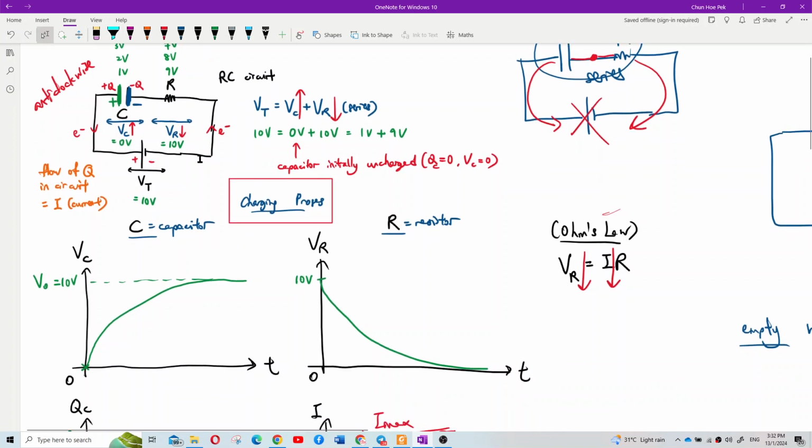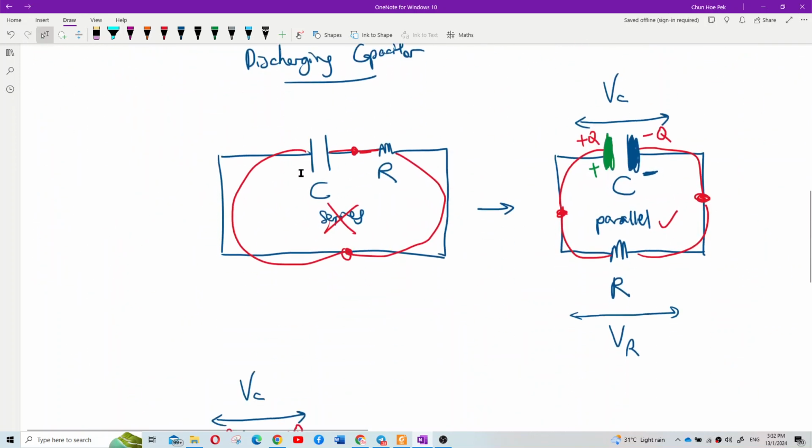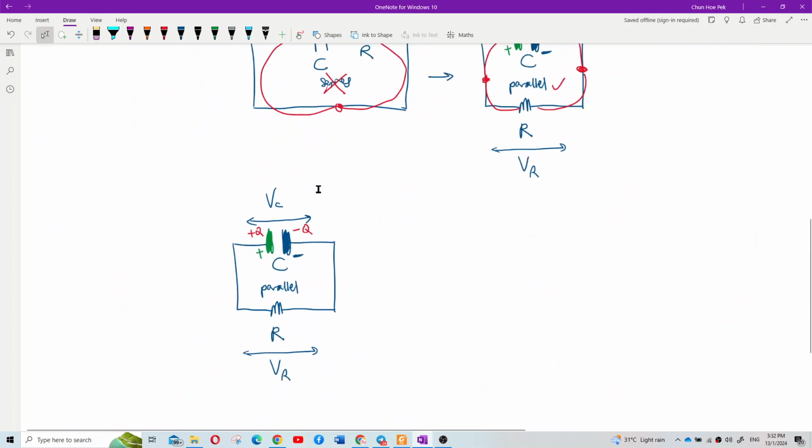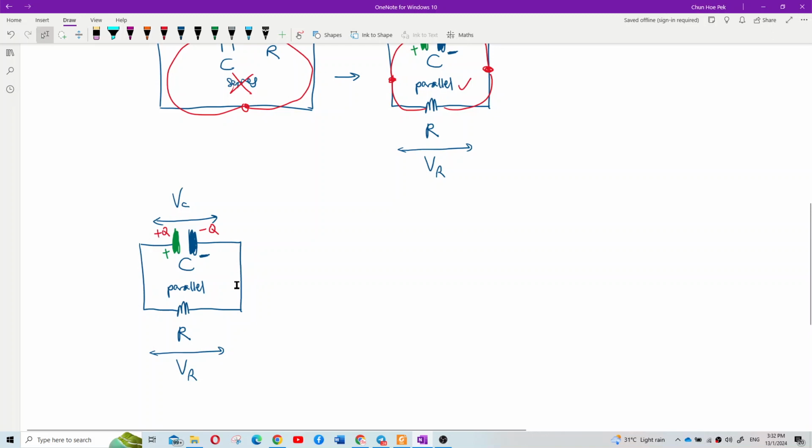Now let's say, remember electron flow anti-clockwise. Now I want to discharge a capacitor. If no more battery, that means I want to discharge a capacitor. That means charge now this positive plate will start to attract electron from the negative plate. That means electron akan mula mengalir dari sini, dari negative plate pergi ke positive plate.